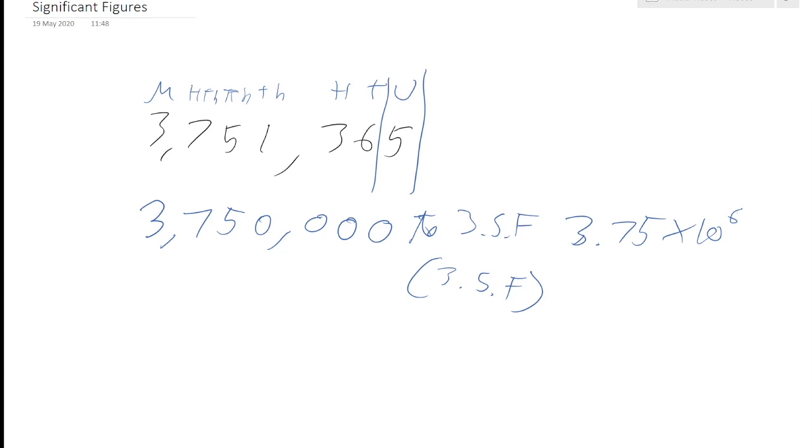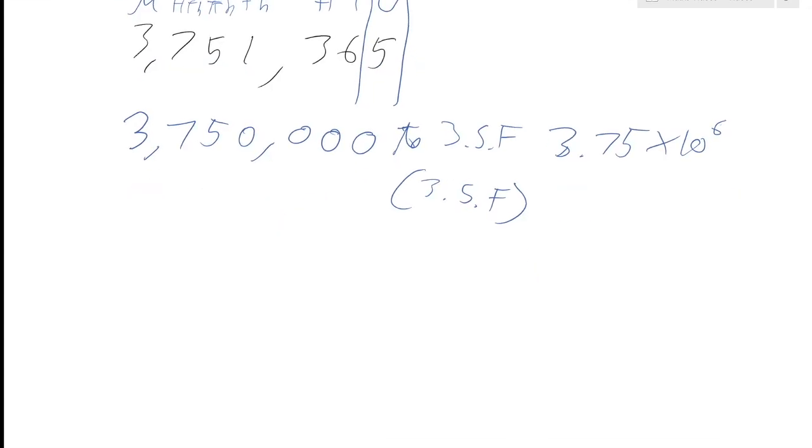But for now, let's focus on the maths side of things, which is writing numbers to a specified number of significant figures. So to write a number to, say, 3 significant figures, we start at the left and we count in 3 numbers. So we've got 1, 2, 3.